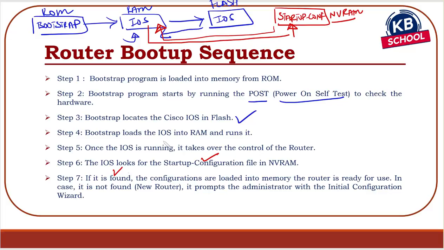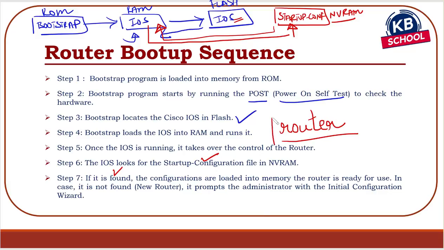If it is not found, that means there is no startup config. There is a default version of the configuration file that the flash contains, which has basic things. I'll give you a simple example of that: the host name of the router, if you don't set it, is by default router. That's the default host name. It sets that up.